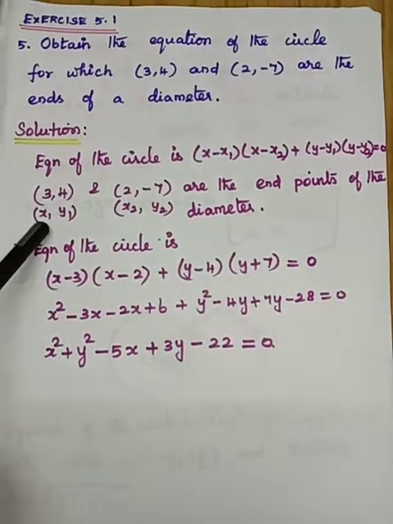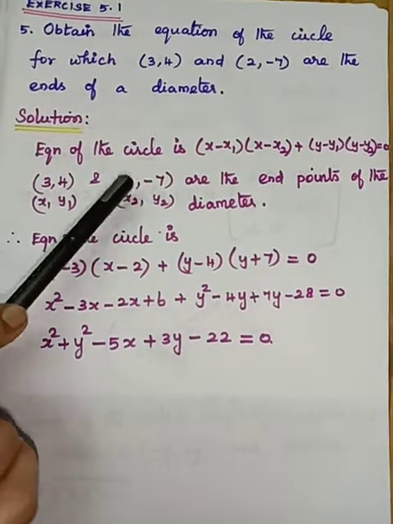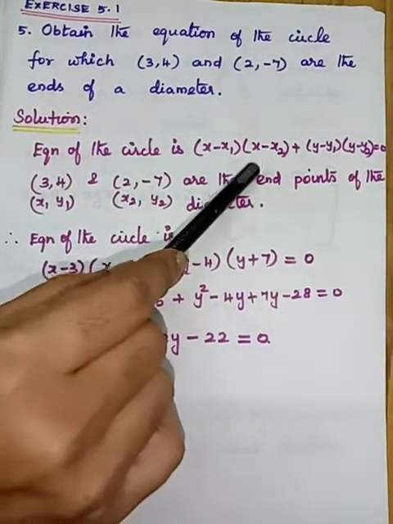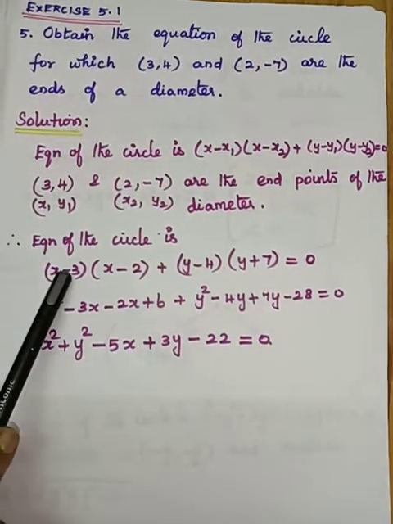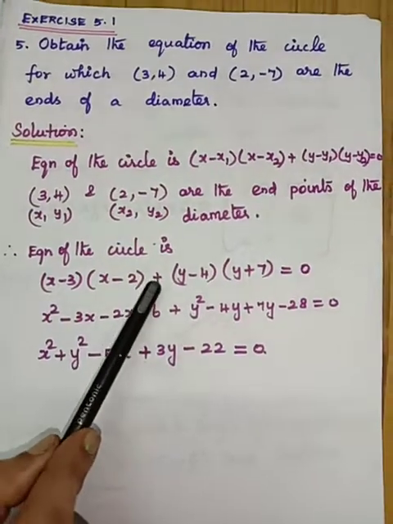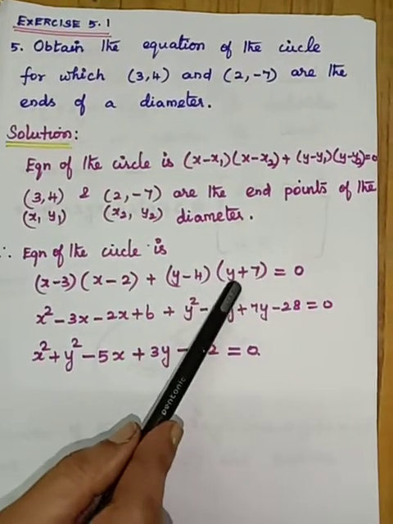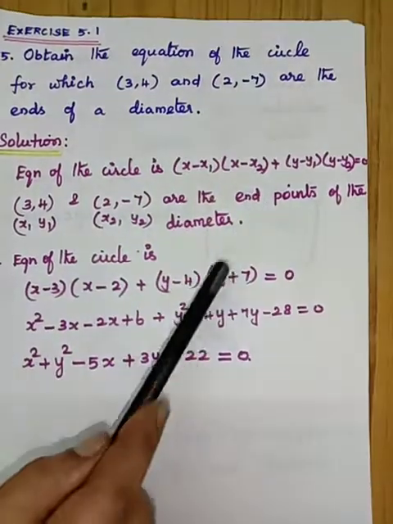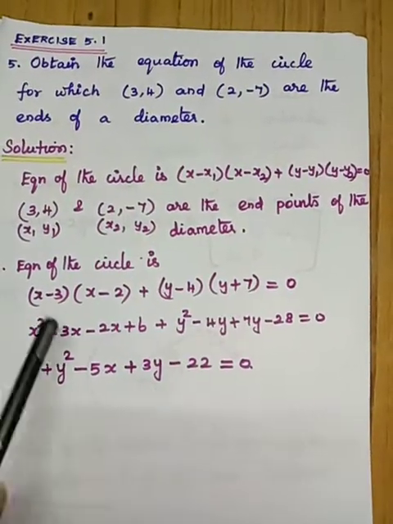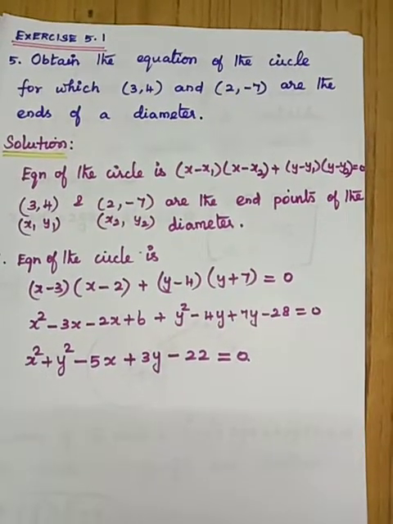Consider the first point as (x1, y1) and the second point as (x2, y2). You just substitute. So it will become (x - 3)(x - 2) + (y - 4)(y + 7), since y2 is -7, so minus into minus is plus. When you expand, you will get the equation of the circle.